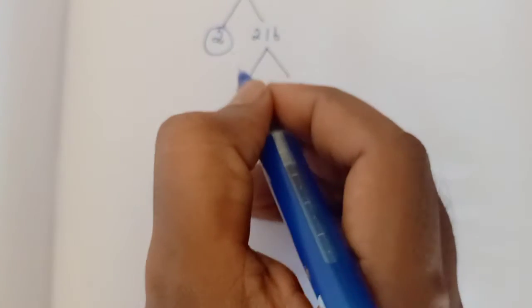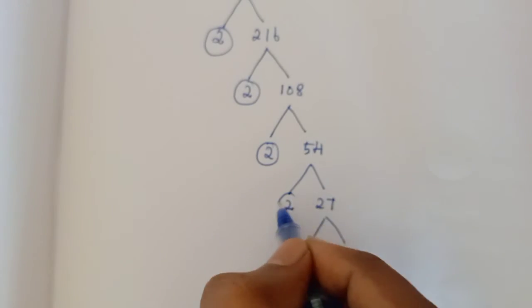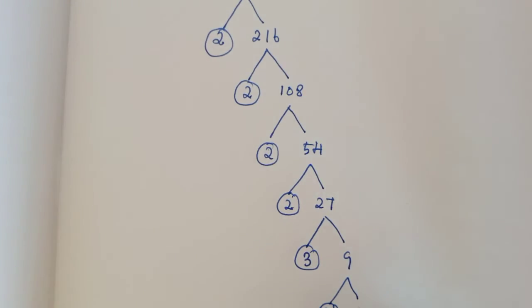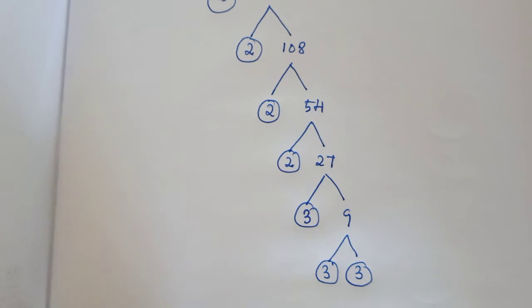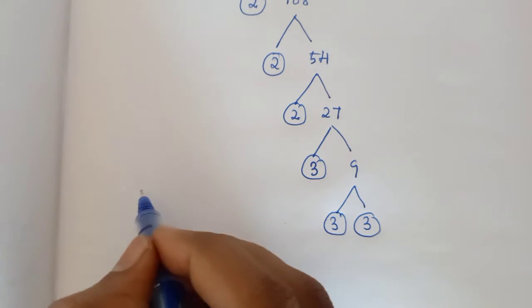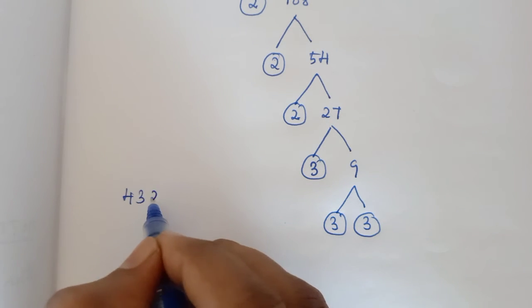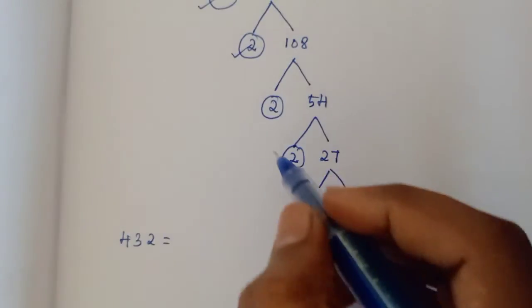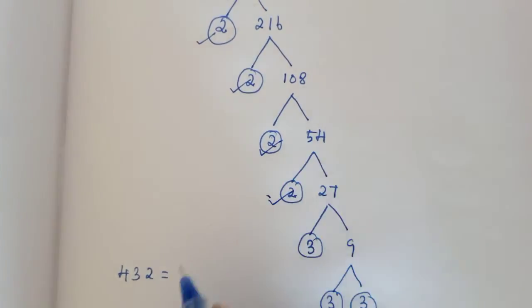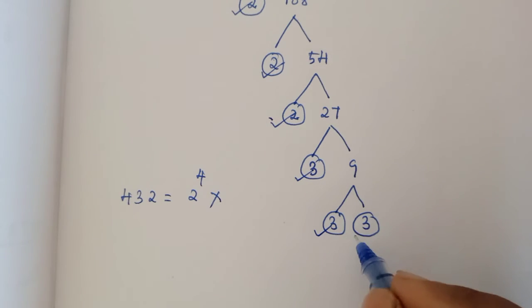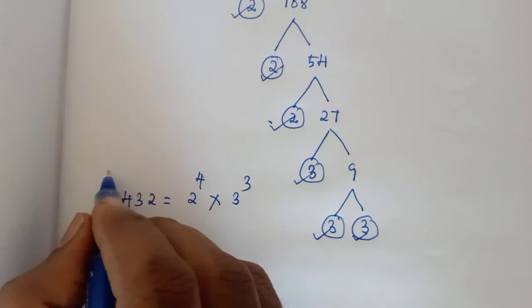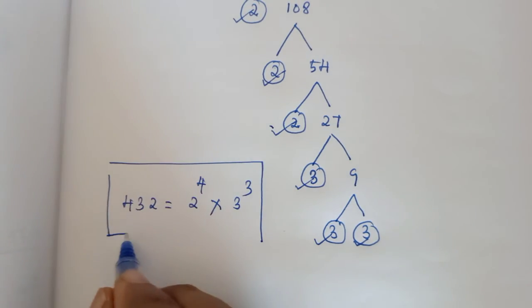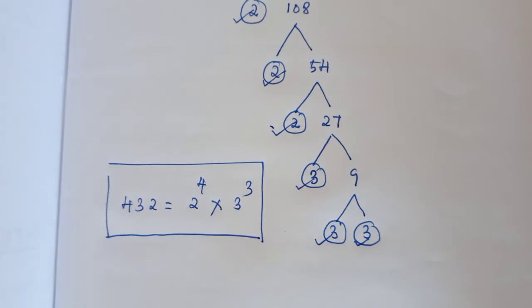Here these are prime numbers. So 432 is nothing but how many 2s? 1, 2, 3, 4. So 2 power 4 into how many 3s? 1, 2, 3. That is 3 power 3. This is the expression of 432 as a product of prime factors.